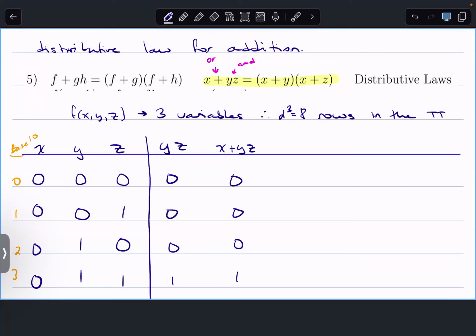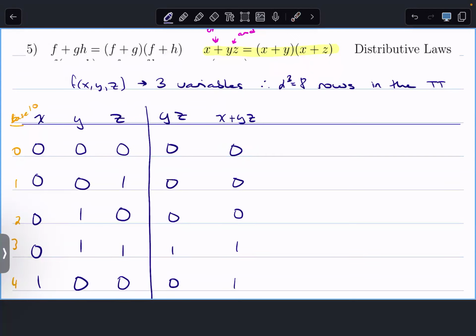Might need more space. So now I have this side of the equation. Right? What I need is I now need to find x plus y as one column and x plus z as another column. And then I need to multiply those together. And if that's the same as this column that we found, then they're the same, right? They're equivalent.